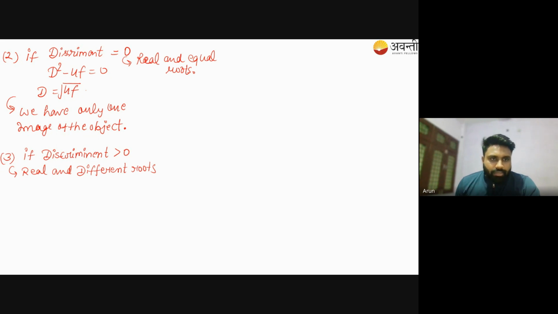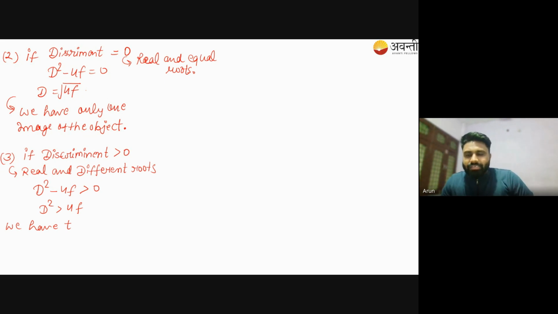So from here you can say D square minus 4f is greater than 0. Sorry, D square is greater than 4f. So we have two images. Because how many roots do we have? This is a second degree equation, a quadratic equation, so a maximum of two roots is possible.